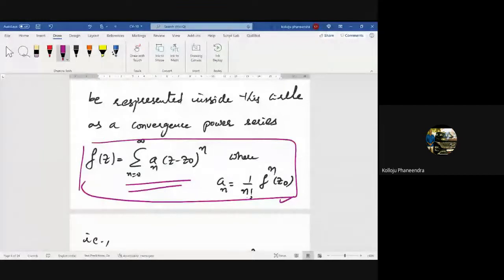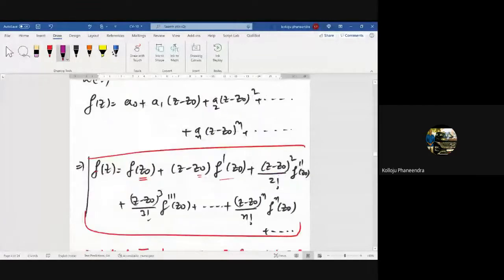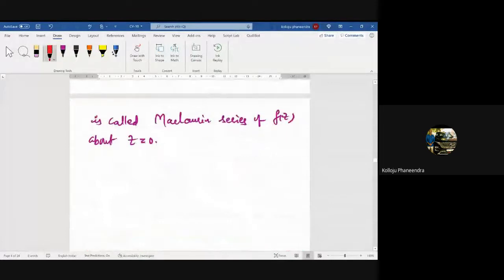And now let me solve, if you want Taylor series expansion questions, that's simple.